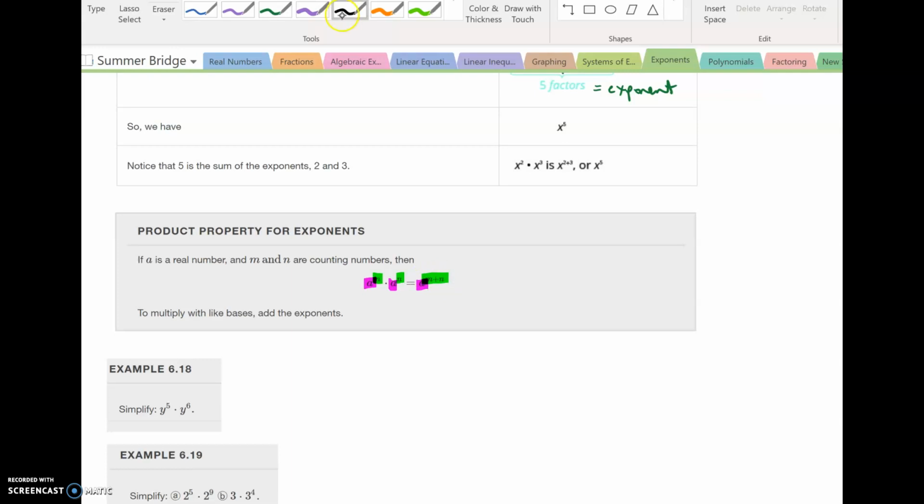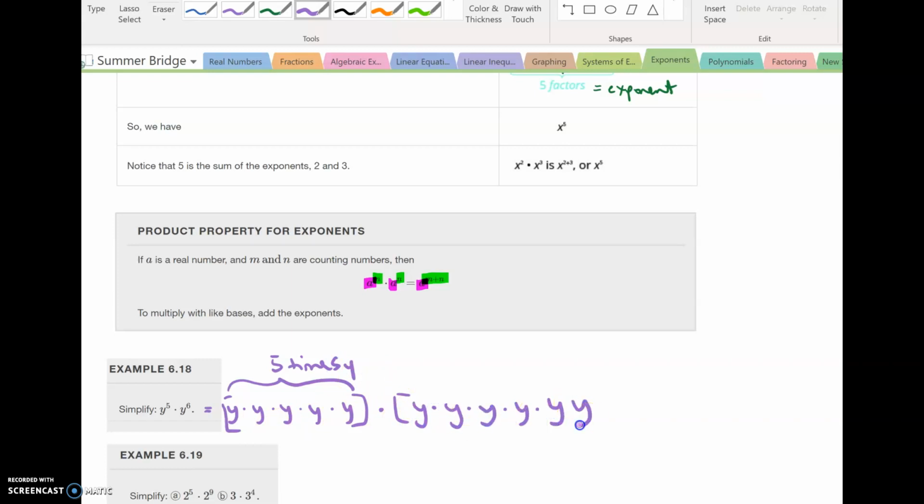And that's really all it is. If I'm taking a look at my first example, my bases are the same, they're both y. So what I'm really doing is y times y times y times y times y, which is y multiplied 5 times. And then I'm multiplying it by a set of y's: 1, 2, 3, 4, 5, 6.